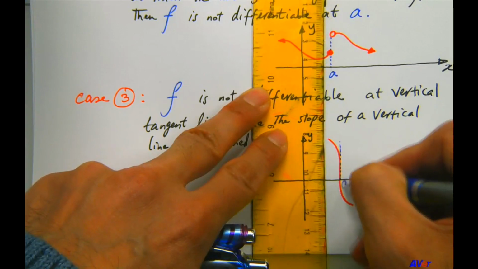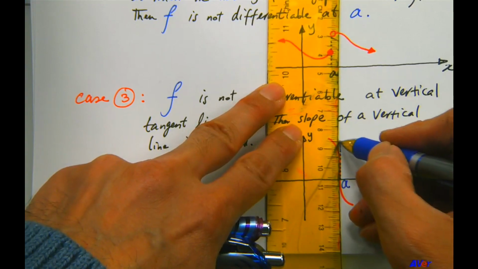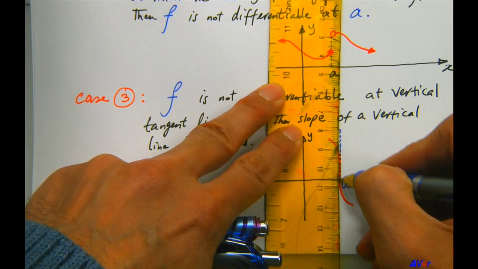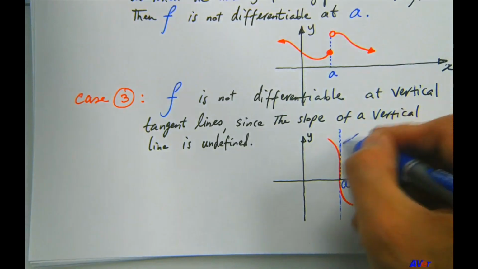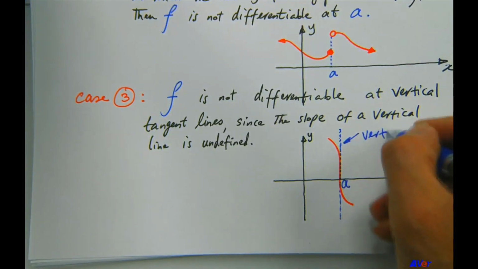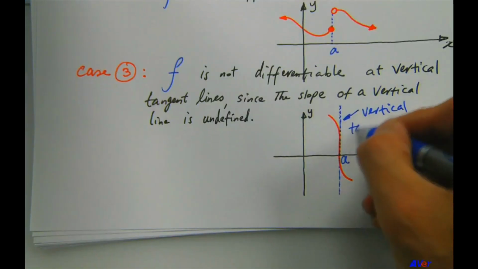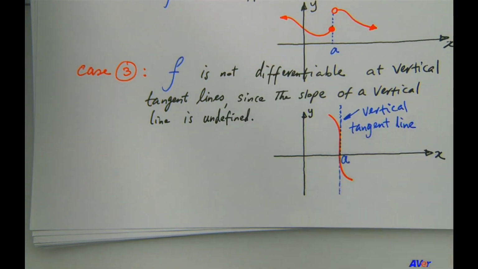So if we call that A, so that's a vertical tangent line. Okay, so that's the third case, where the function is not differentiable at x equals a.